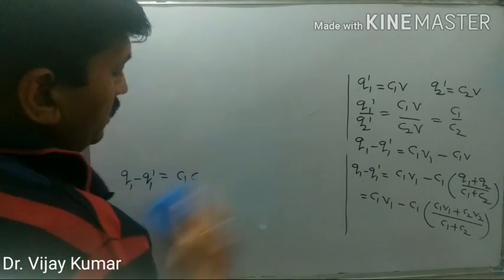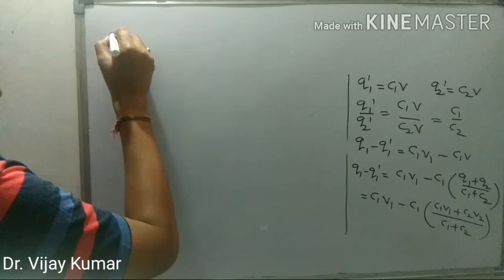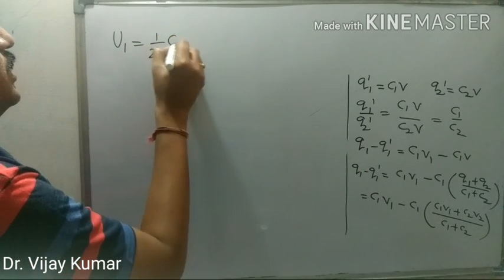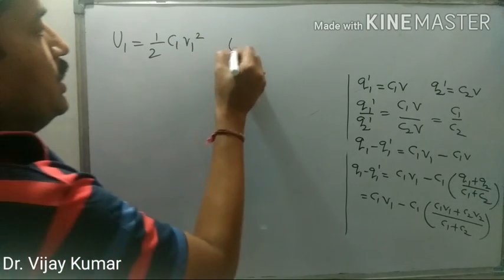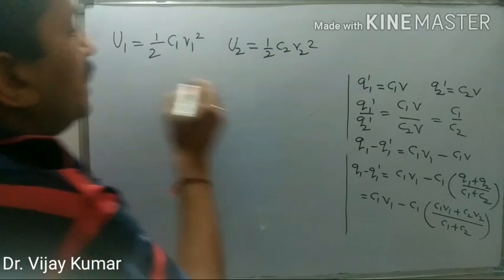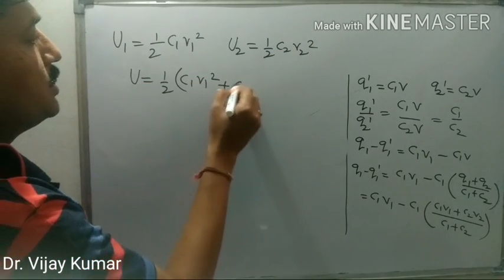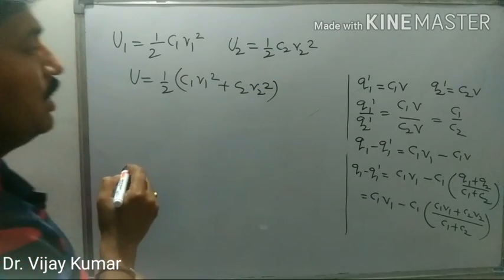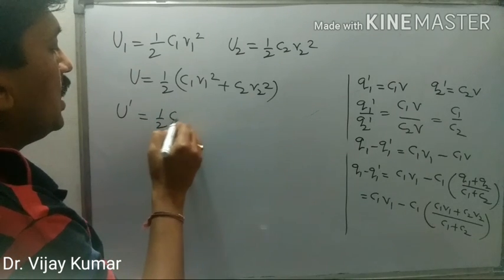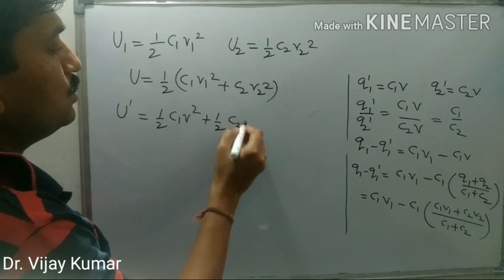Now we determine the energy transferred after the joining. Suppose before joining, U1 is half C1V1 square for the first conductor, and U2 is half C2V2 square, and the total potential energy should be half C1V1 square plus C2V2 square. After joining, suppose the energy is U dash, and it becomes half C1V square, with common potential, plus half C2V square.